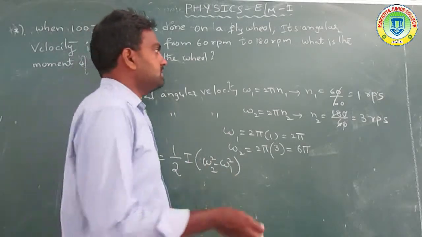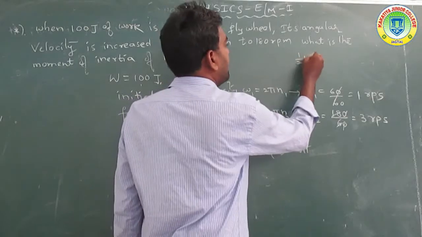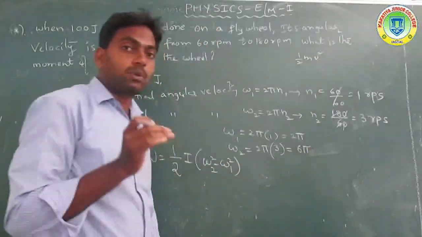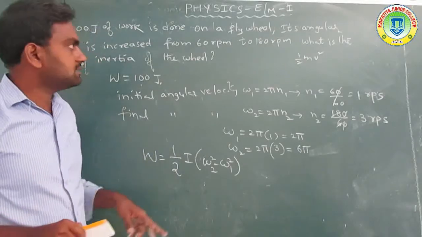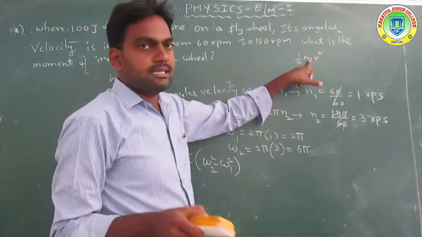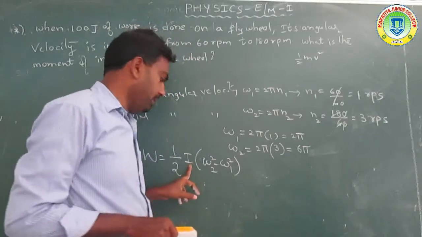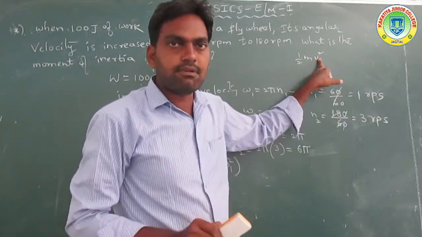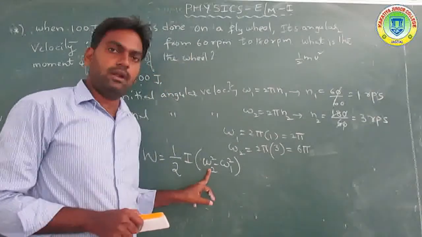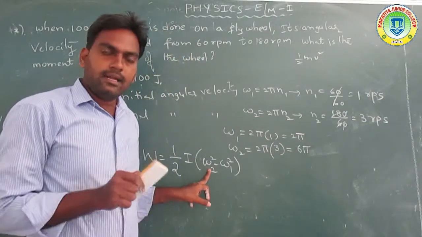In translation the kinetic energy is half m v square, but here we have rotation, the rotation of a flywheel. Here m is mass, and in translation we take the translation velocity v, but here we take the angular velocity omega.